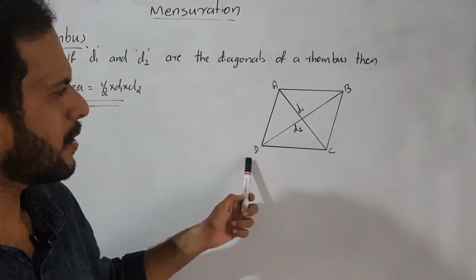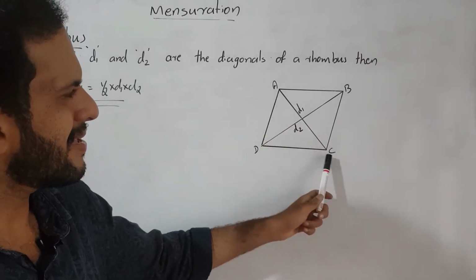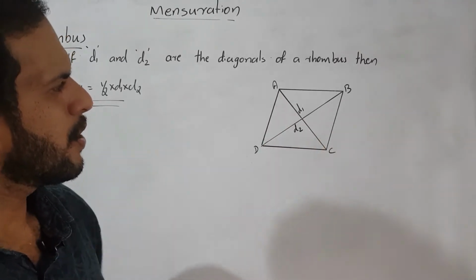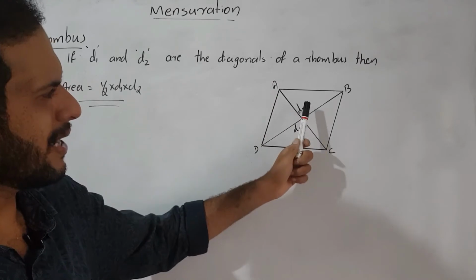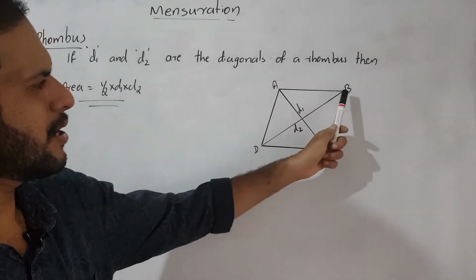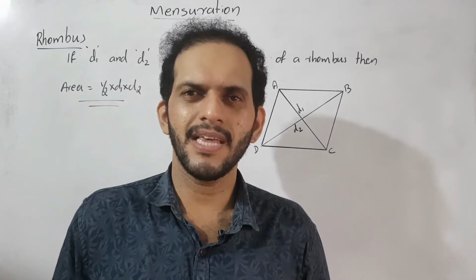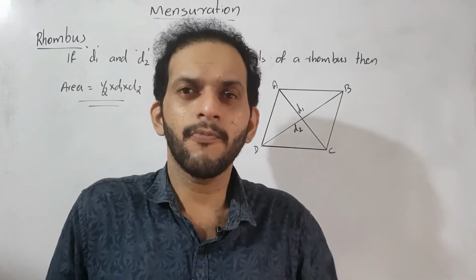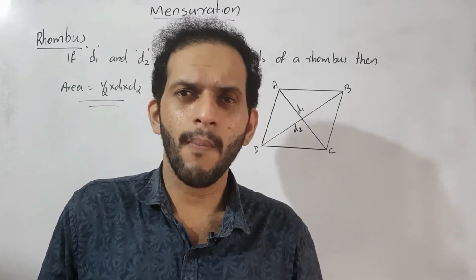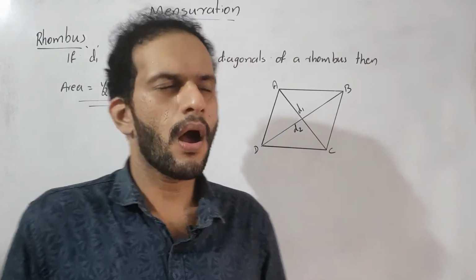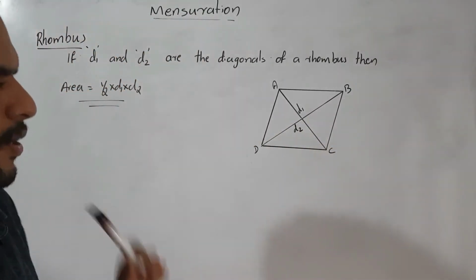So we mark the two diagonals. The first one is AC and the second one is DB. AC is denoting d1 and DB is denoting d2. The measurement of AC is d1 and the measurement of DB is d2. So the area of this rhombus ABCD is equal to half into d1 into d2.